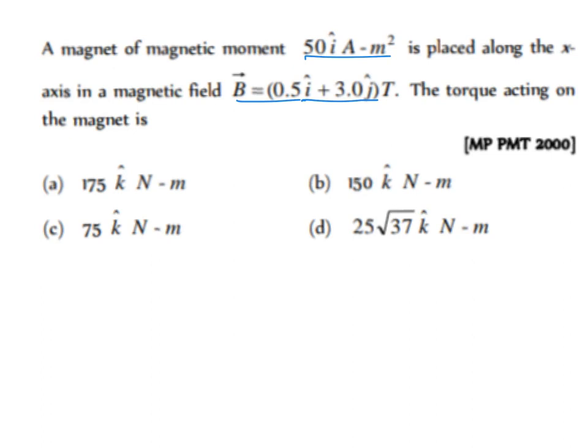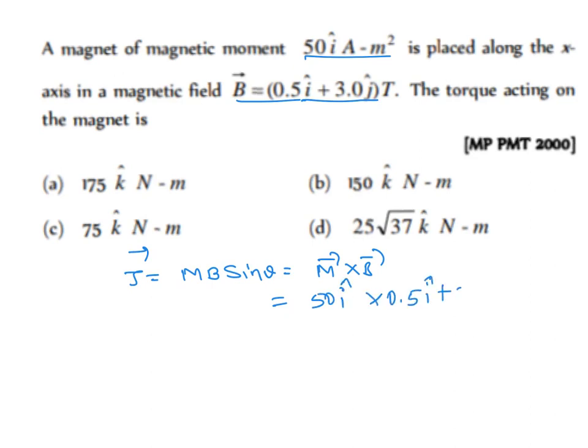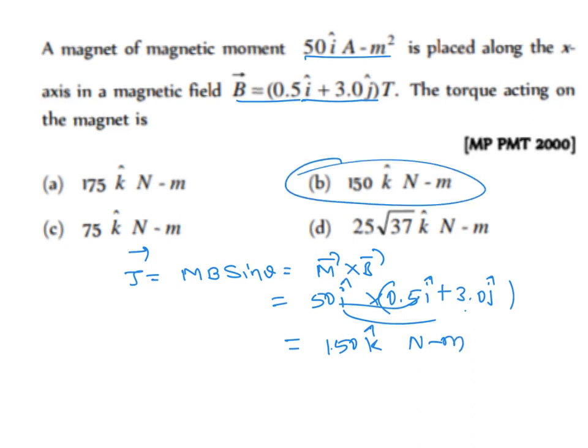The torque acting on the magnet will be, torque equals m into B into sine theta, or else it is m cross B. So the magnetic moment is 50 times i cap, cross (0.5 i cap plus 3.0 j cap). Now i cap cross i cap is going to be 0, and i cap cross j cap is k cap. That's the reason why it is 150 k cap Newton meter. Option B is the right answer for this question.